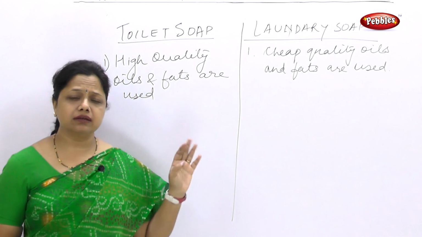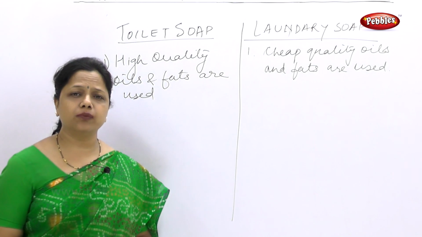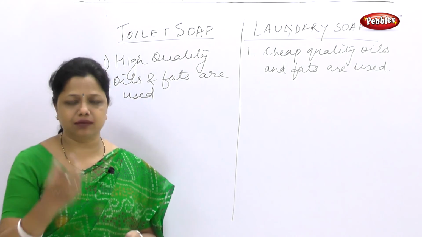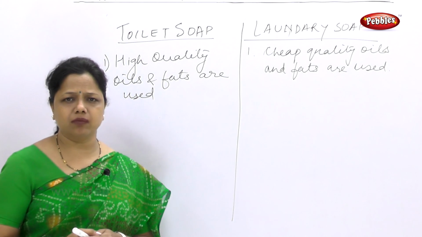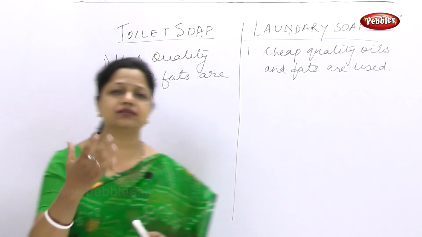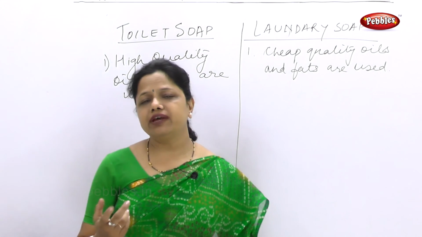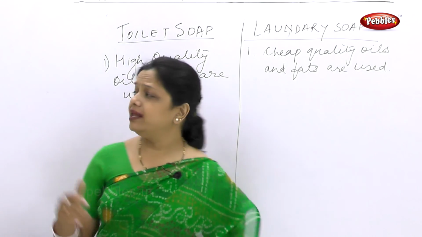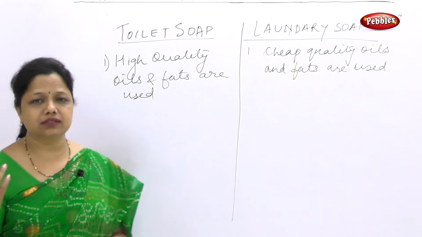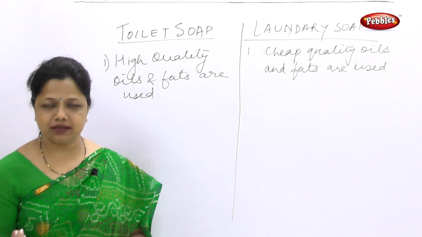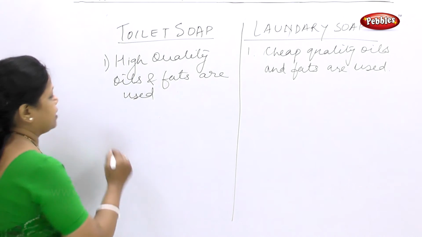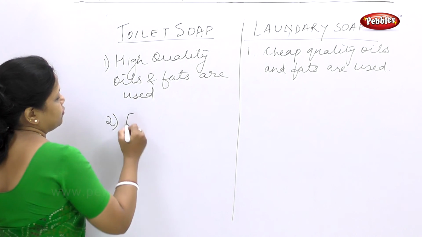Second difference major, when we use the bathing soap, you get a nice perfume or nice flavor or nice smell comes. Now what is that smell coming from? Many times you may see the different flowers smell are also put. Various types of essence is used, various type of esters are used. Now in laundry, we don't need such a type of so many flavors in it. So bathing soap will contain expensive perfumes.